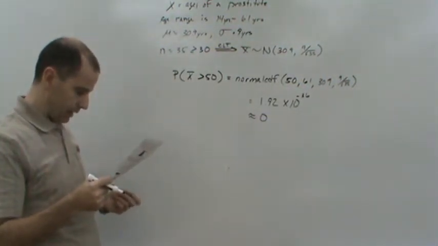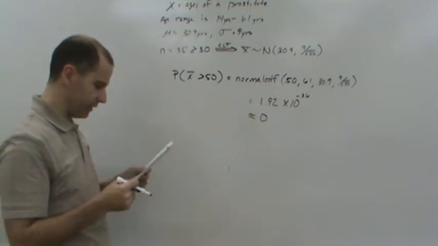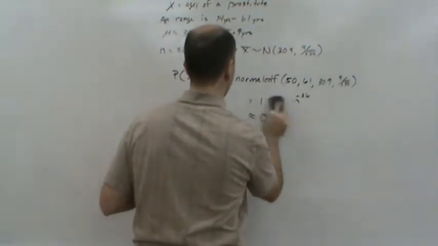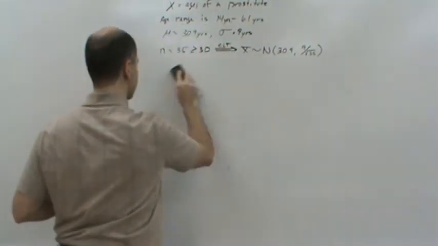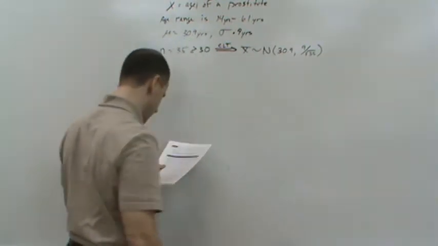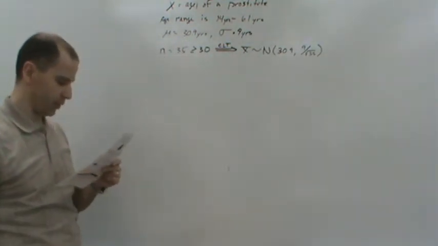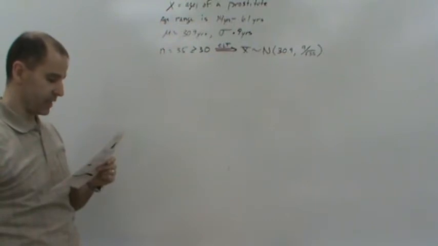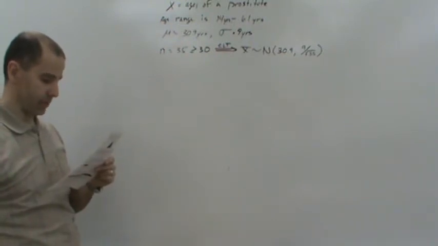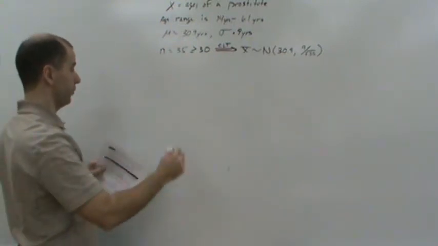Now, the 95th percentile. We're going to do the last one, which is now we're dealing with the 95th percentile. It says find the 95th percentile for the mean age of 65 randomly selected prostitutes and interpret. Okay, so let's do that.